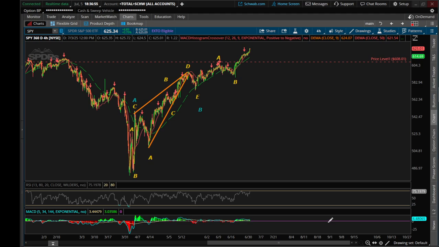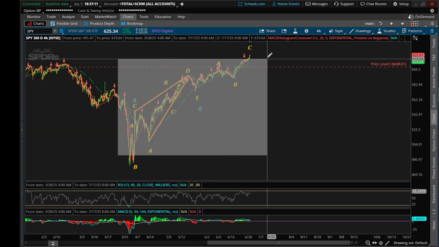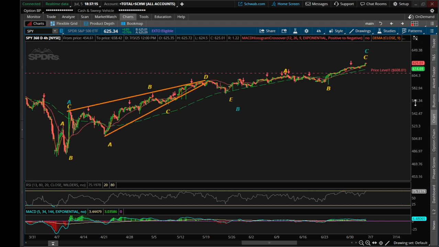All right. So we'll go over this 4-hour chart here from the low in April. Touch base on a couple of indicators, but right now I want to compare this move. Okay, well, let's go over the count real quick.